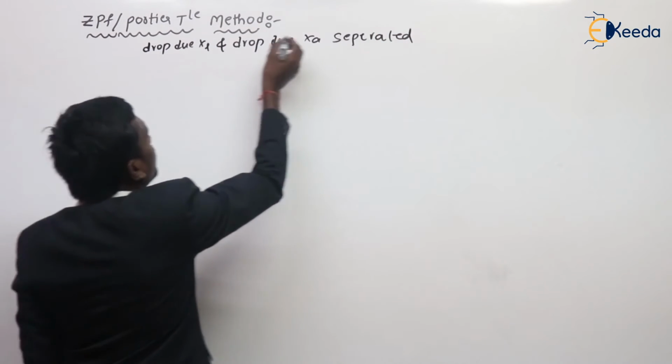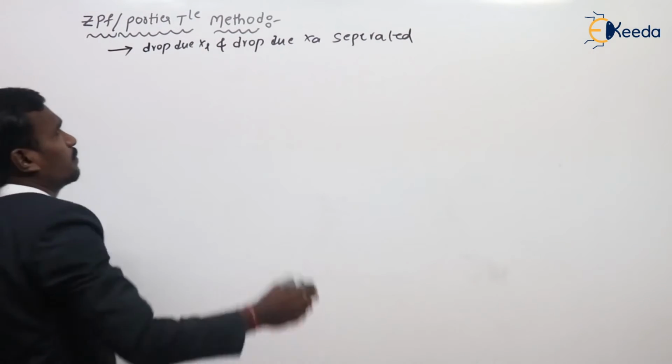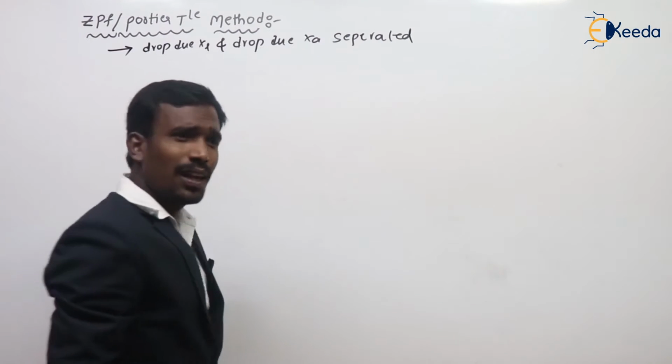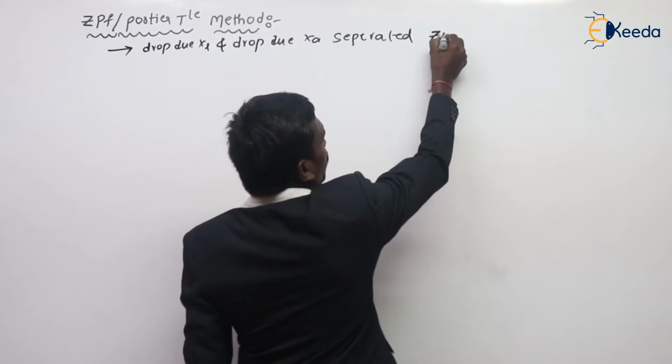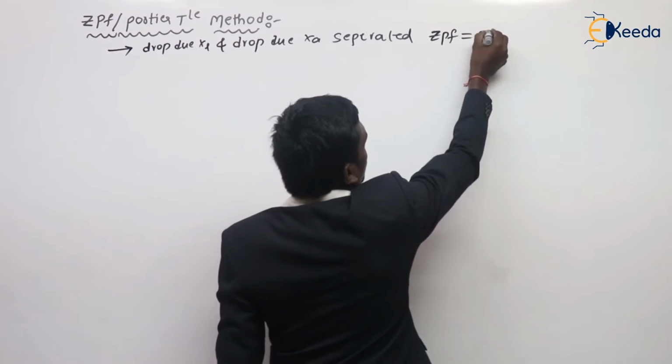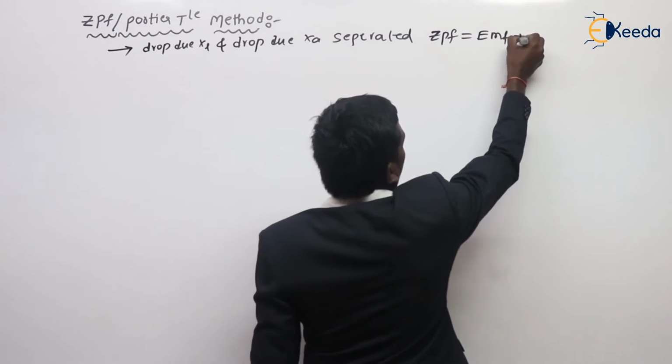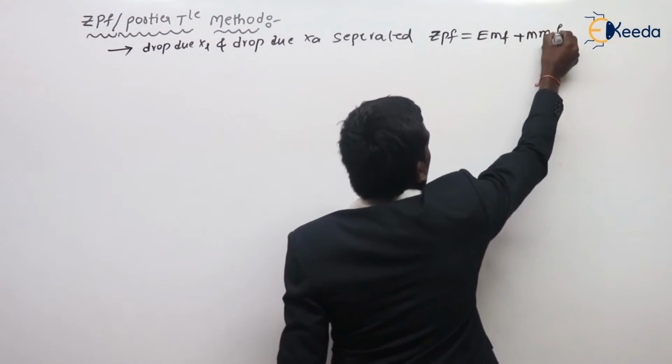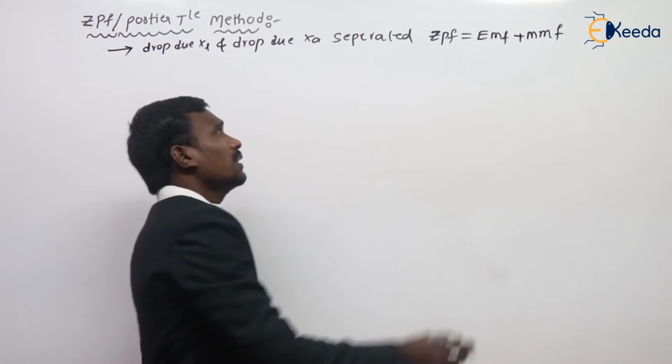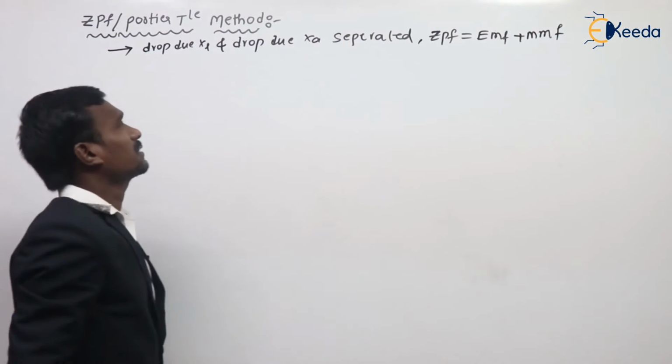This is the main advantage of this method. Hence, the ZPF method is also called the EMF method plus MMF method. This is the first point: here, the drops are separated.